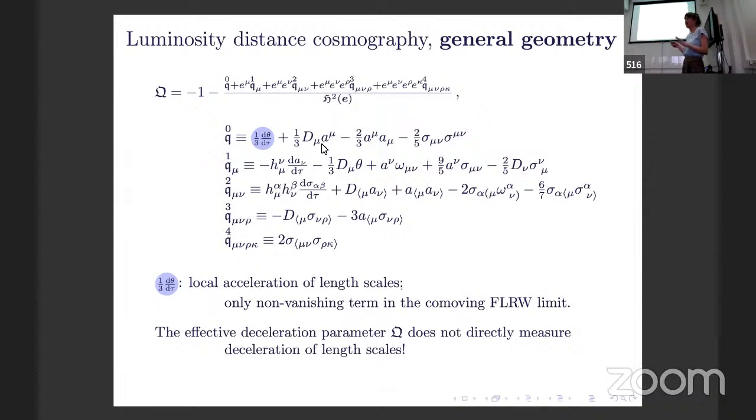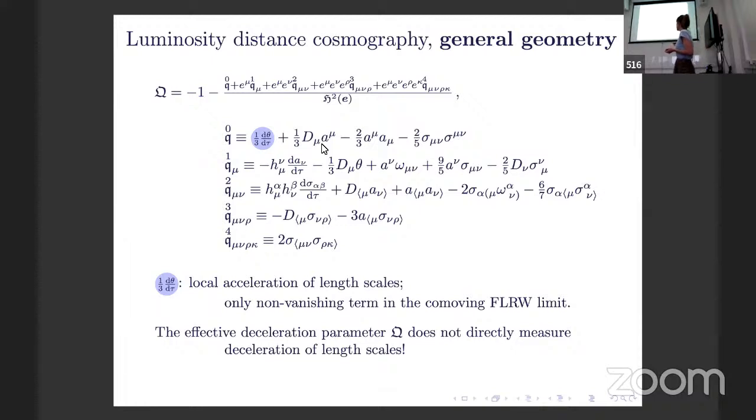So this tells us about the local acceleration of length scales between test particles in the space-time. And this is also the only non-vanishing term in the strict FLRW limit. All other terms in this hierarchy are due to anisotropies and inhomogeneities in the space-time.